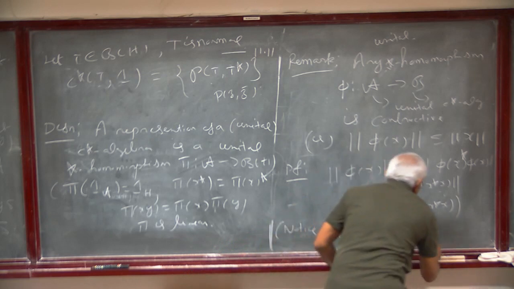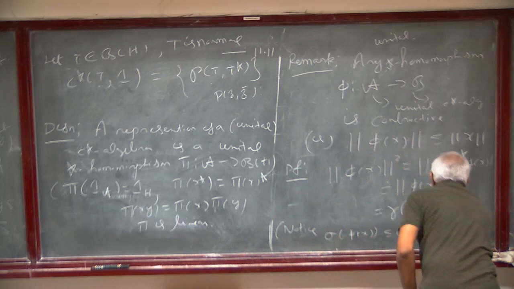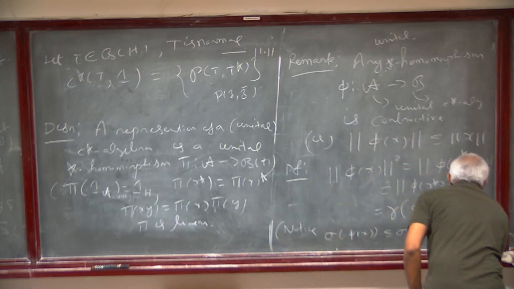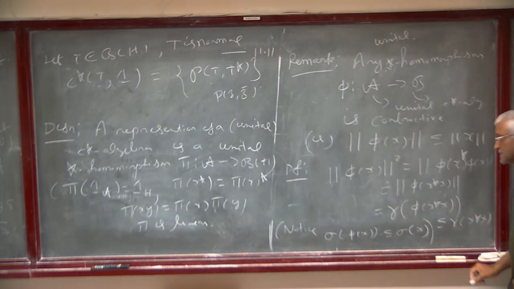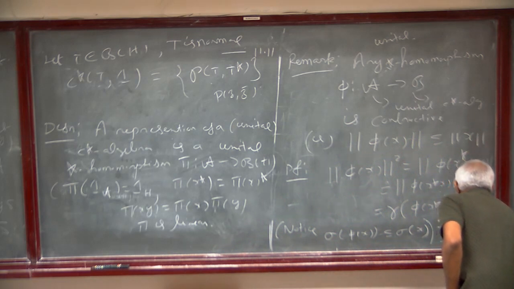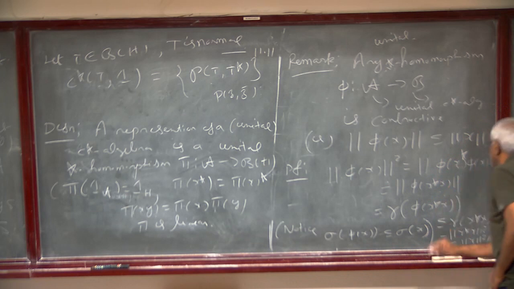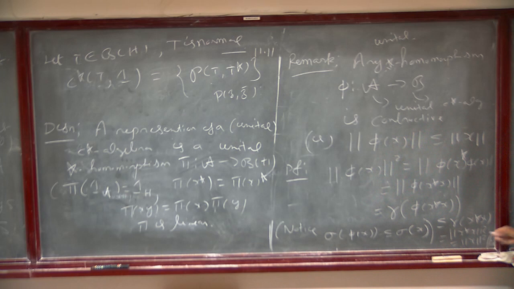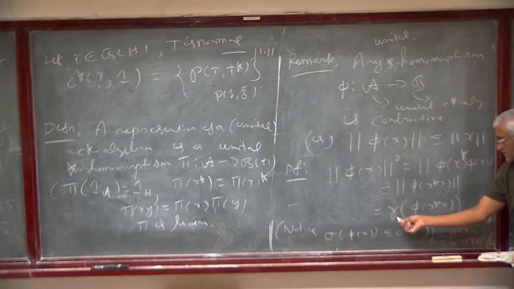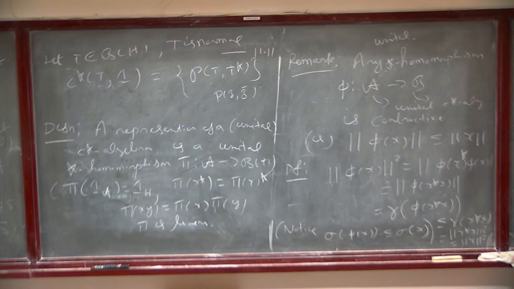Because of this, this is less than or equal to R of x star x, which is equal to norm of x star x, which equals norm x squared. So norm of phi of x is less than or equal to norm x. And we use the fact that it preserves inverses, and we use that the spectral radius is equal to the norm for a normal element, for a self-adjoint element.